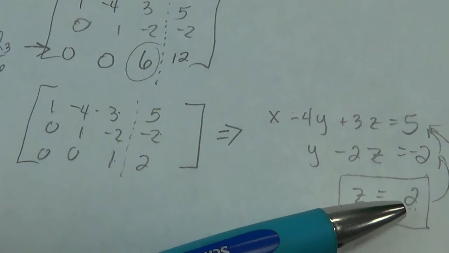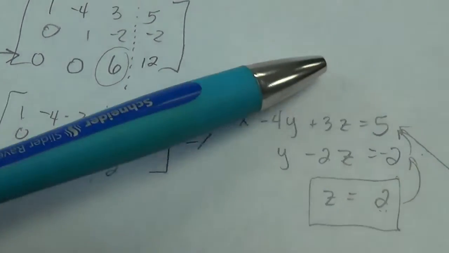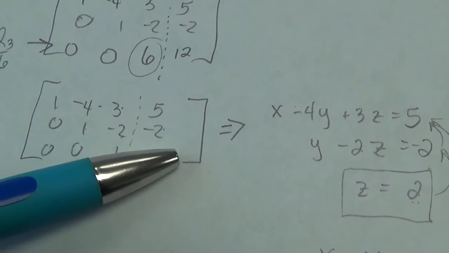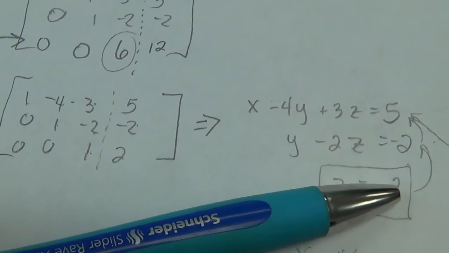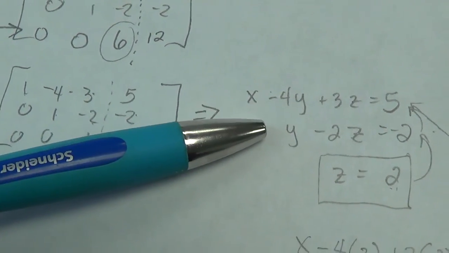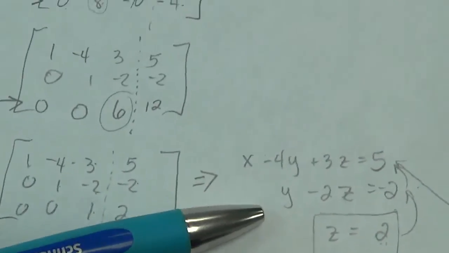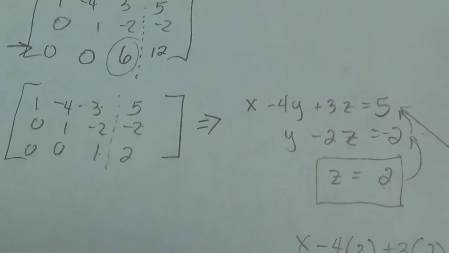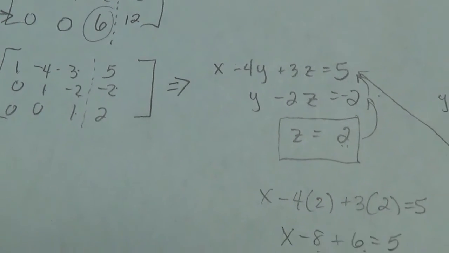So z equals 2. So I can back substitute that into this equation where y minus 2z equals -2. When I put the 2 into this equation for z, I can solve that for y. And then I can put all those answers back in the original to get x.